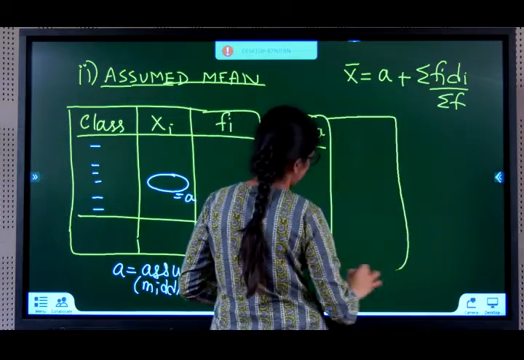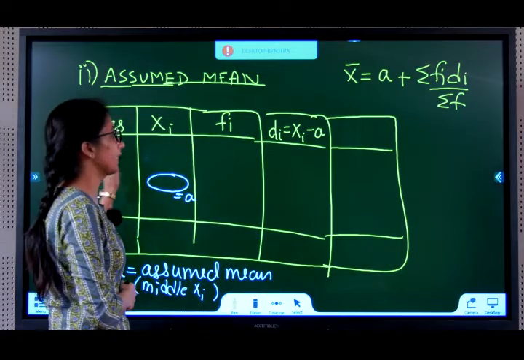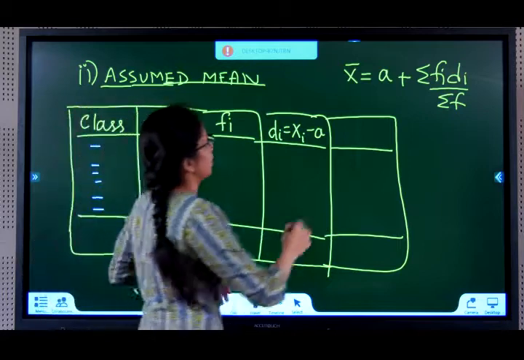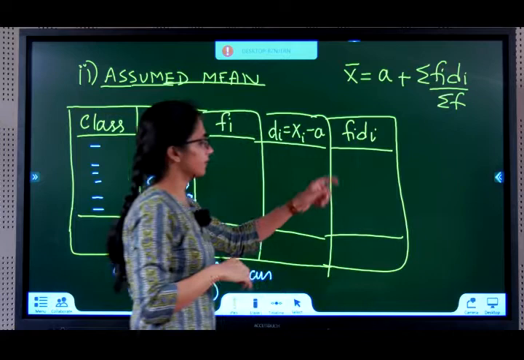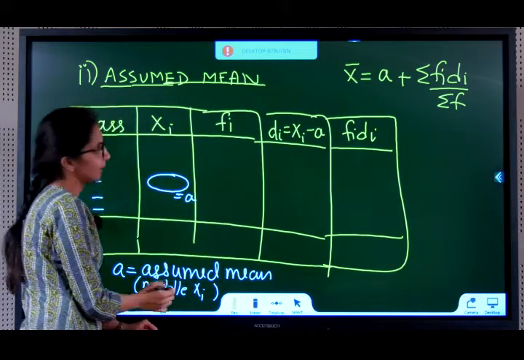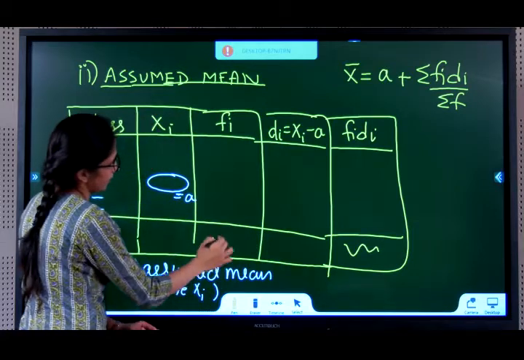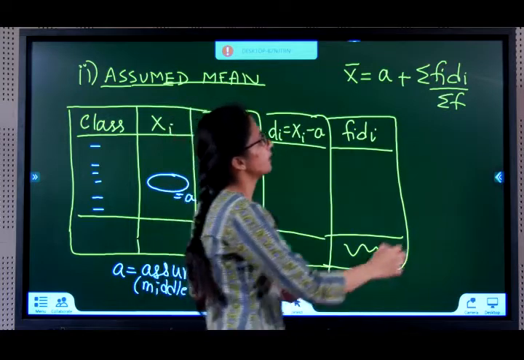Fi into di. If it was the previous technique, you have only 4 columns. Now we've introduced 5 columns here. So fi into di. Now you already have A, summation fi di, summation fi. Substitute A, summation fi di and summation fi, you will get your mean.